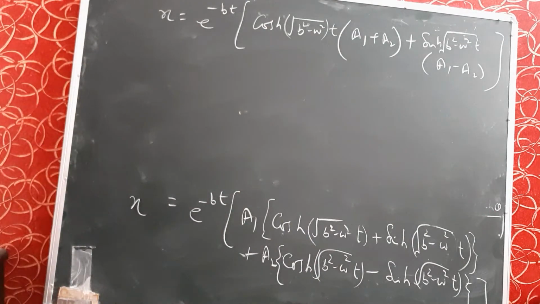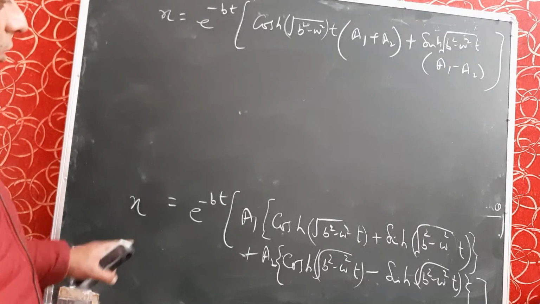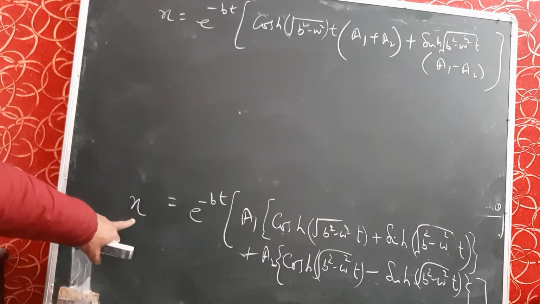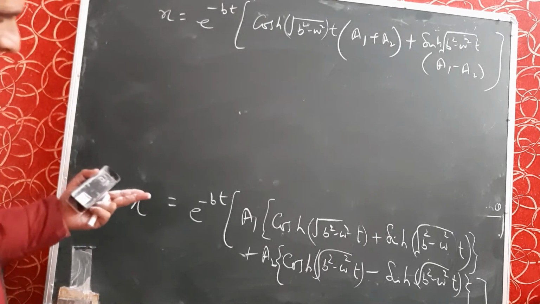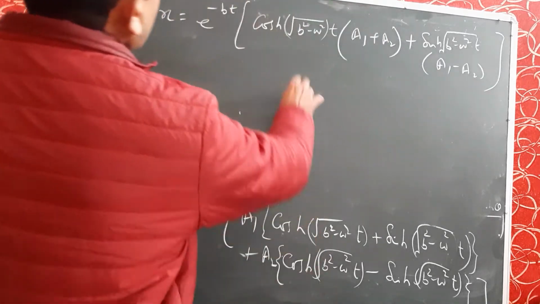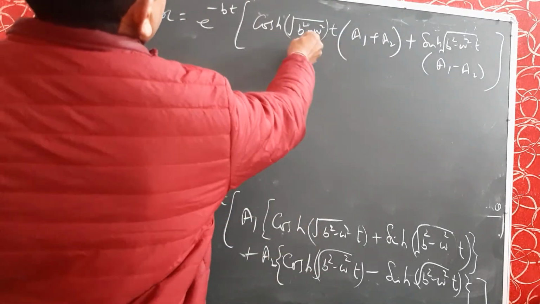So this is the final answer we get on solving the equation of x by putting the condition b square greater than omega square. I have not observed any change in this formula because it is a positive term.